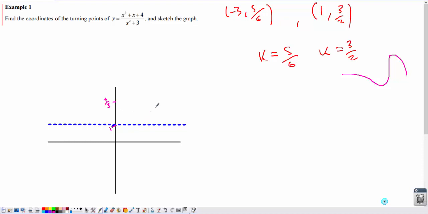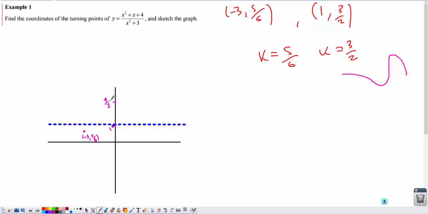I've got one turning point at -3, 5/6. Remember that 5/6 is less than 1, so it's something over here. What's my other coordinate? It's 1, 3/2.